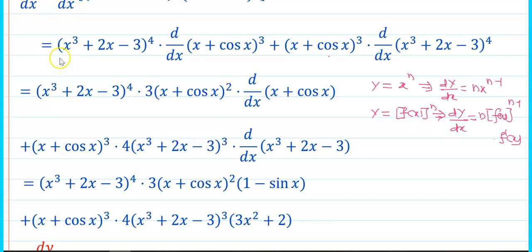See this here. Keep this term as it is. The derivative of this power function, या पॉवरचा डेरिव्हेटिव्ह, what is that, n into f of x bracket raised to n minus 1, 3 into x plus cos of x bracket raised to 2 into इथे बघा f dash of x आहे म्हणून x plus cos x चा देखील आपण इथे into डेरिव्हेटिव्ह करणार.